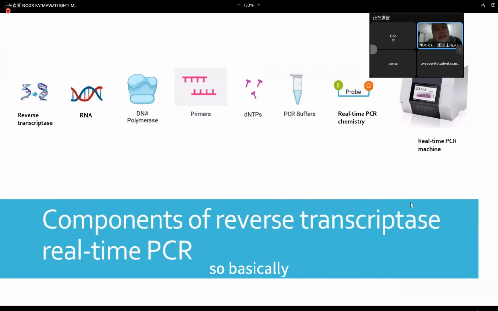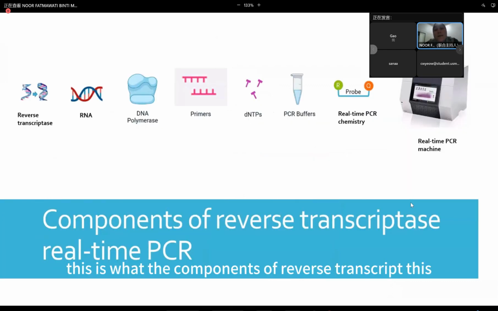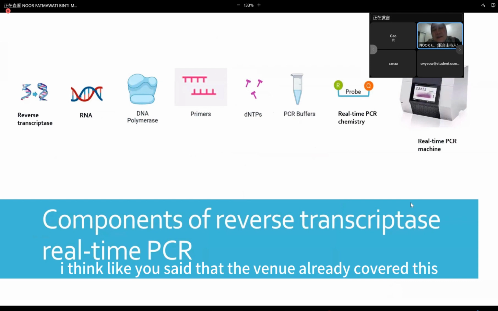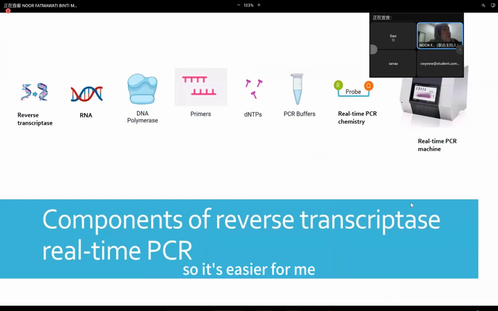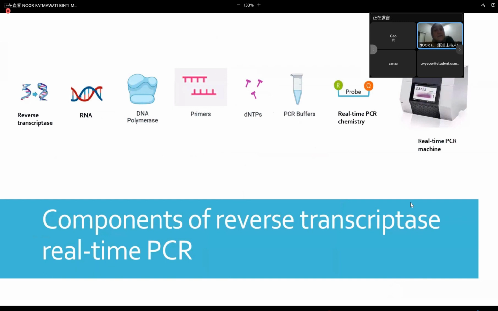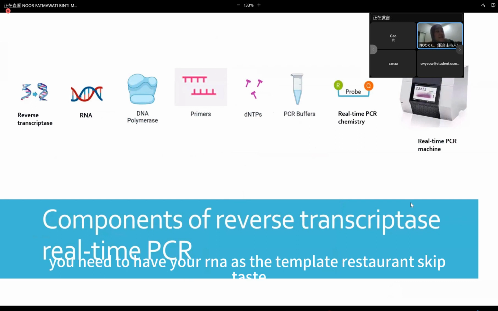So basically, this is what the components of reverse transcriptase real-time PCR involve. I think, like you said, Dr. Venu already covered this, so it's easier for me. You have reverse transcriptase first to convert your RNA to cDNA. Of course, you need your RNA as the template, and reverse transcriptase.